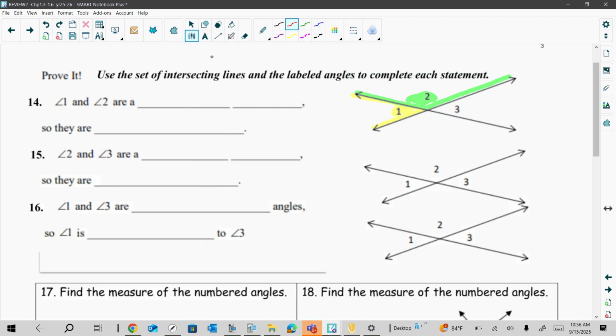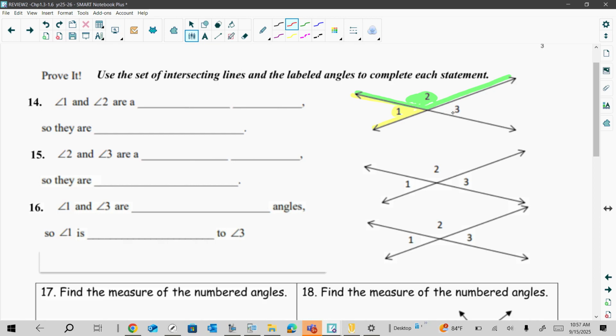What angle pair could I call 1 and 2, Johnny? Adjacent because it's a mirror side and the vertex. Yeah, they are adjacent, but I need a more specific thing, because it's not just adjacent. Vertical would be 1 and 3.